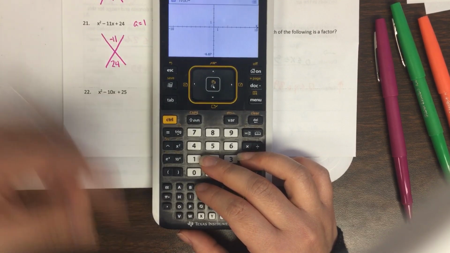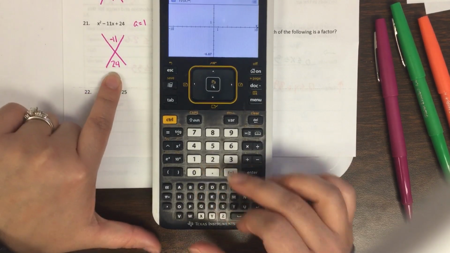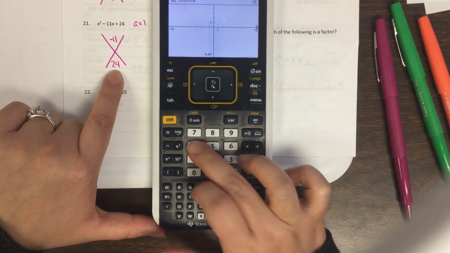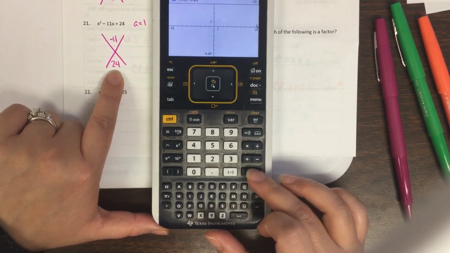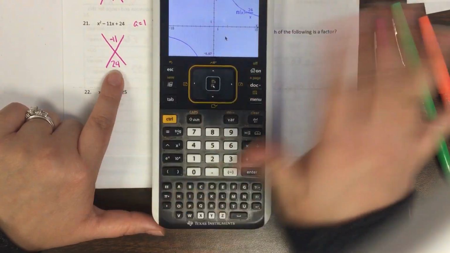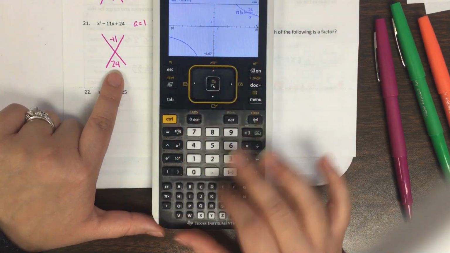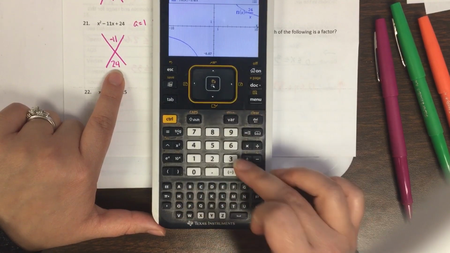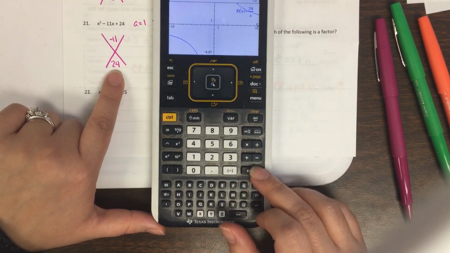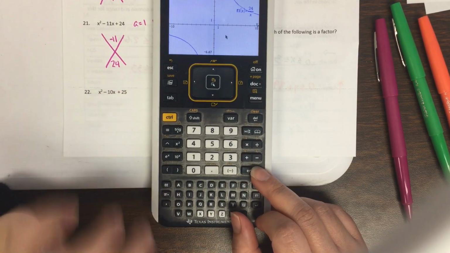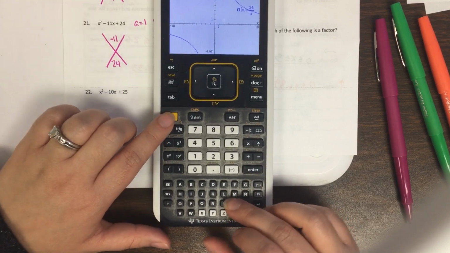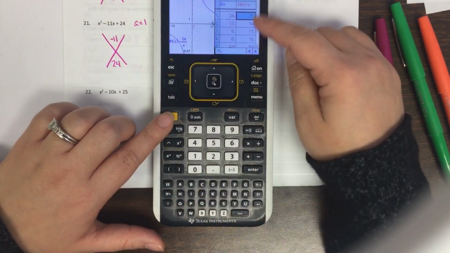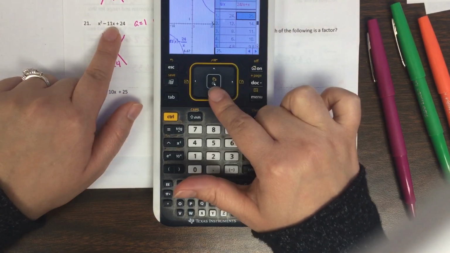I'll go to graphs, and then I'm going to take my bottom number of 24 divided by x, enter. Doesn't matter what the graph looks like. Tab, same thing, that bottom number divided by x plus x. Now I go to Control T, and in that far right column, I'm looking for a negative 11.